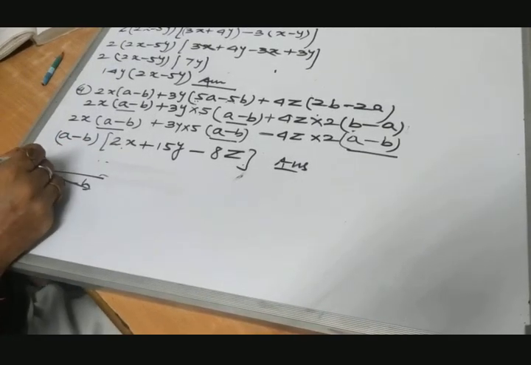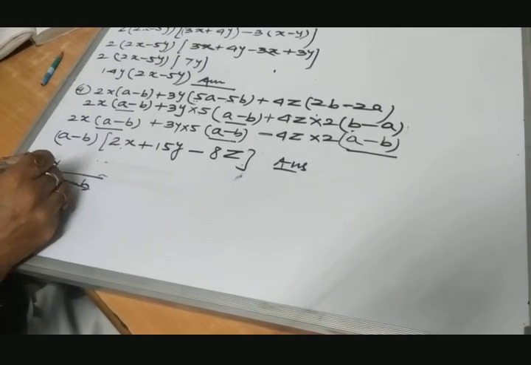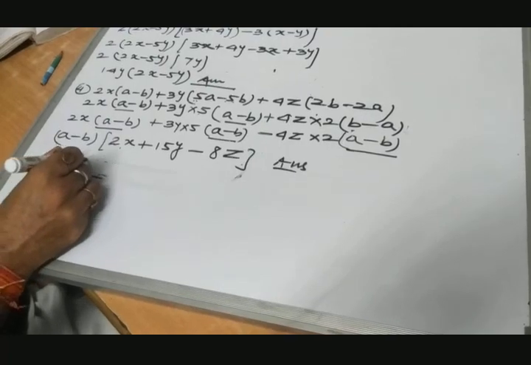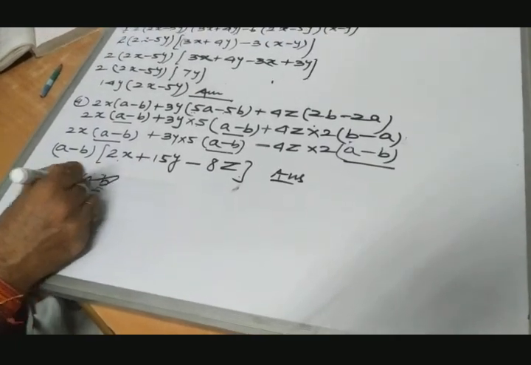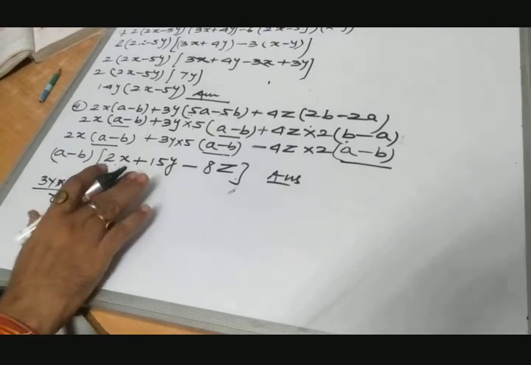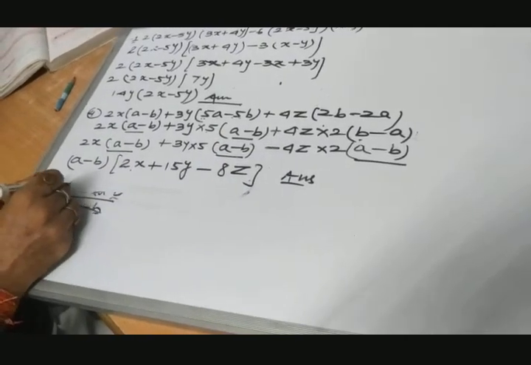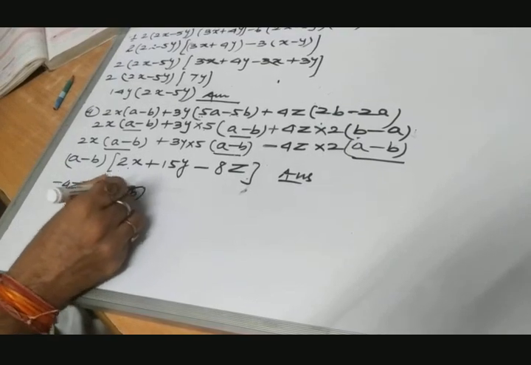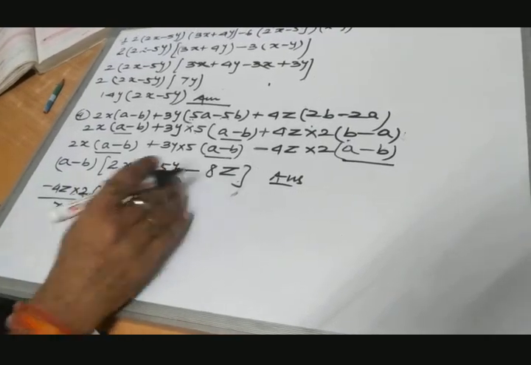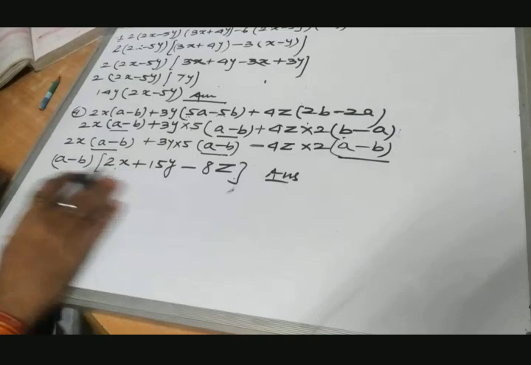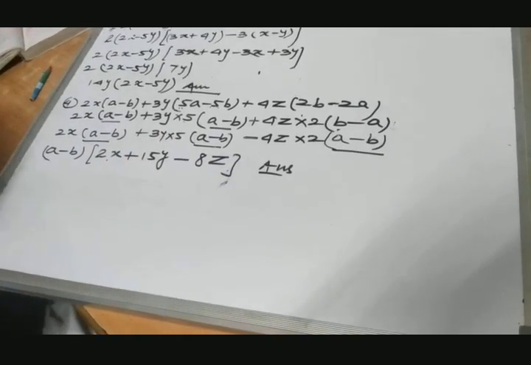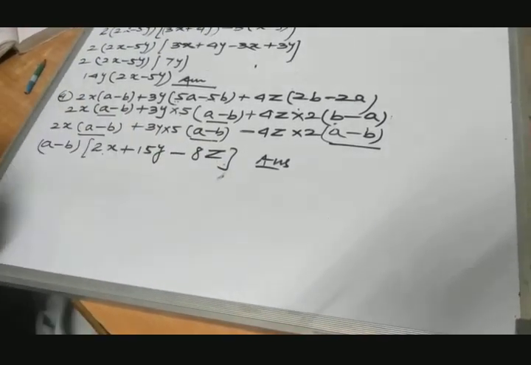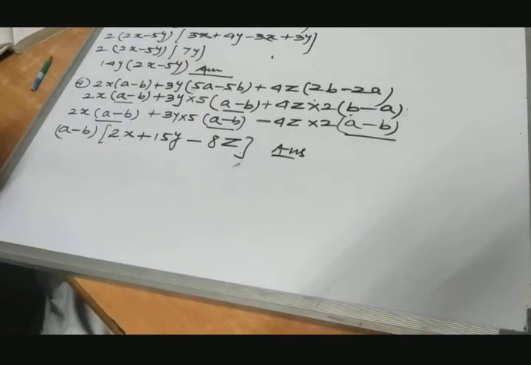Similarly, 3y into 5 divided by a minus b cancels, 3 fives are 15. Similarly, 4z into 2 divided by a minus b cancels, plus minus 8z. It will be your required answer. Now we will discuss question number 5.